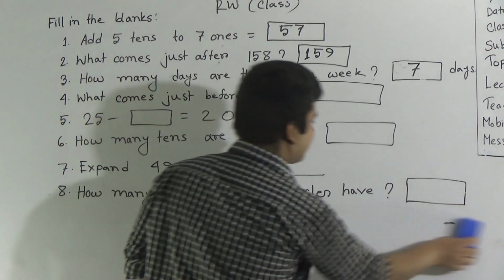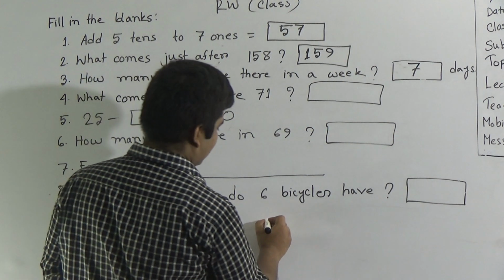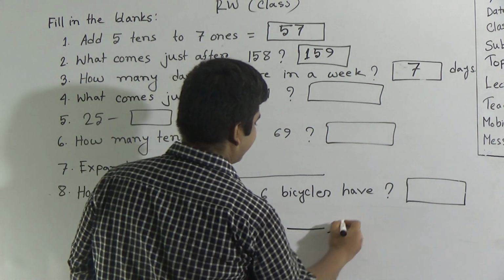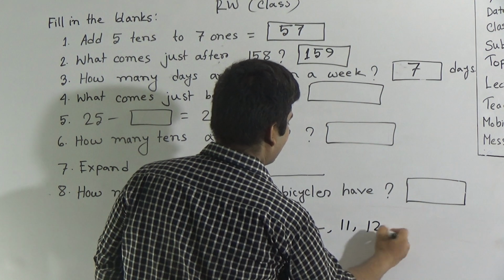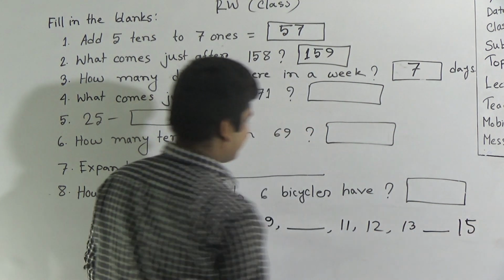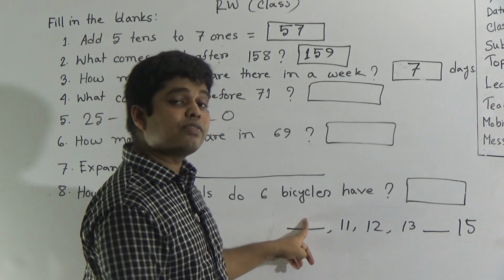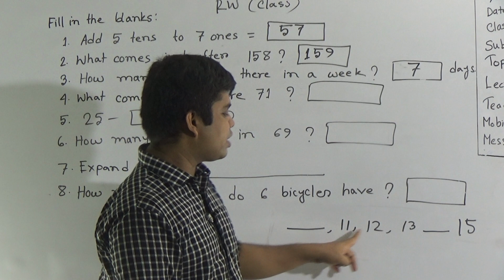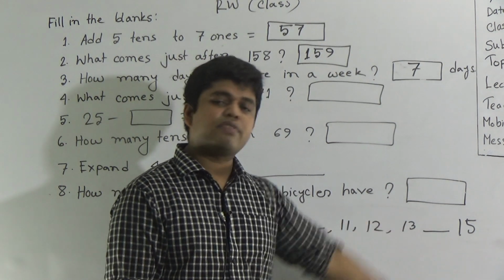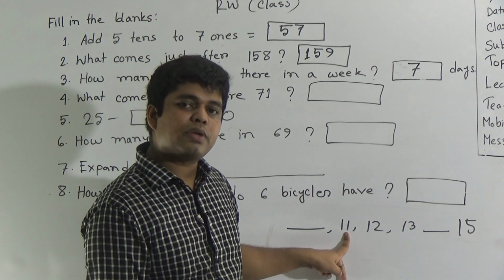Before starting to solve this, at first we notice 9, gap, 11, 12, 13, gap, 15. What is the previous number, that means the before number, of 11?